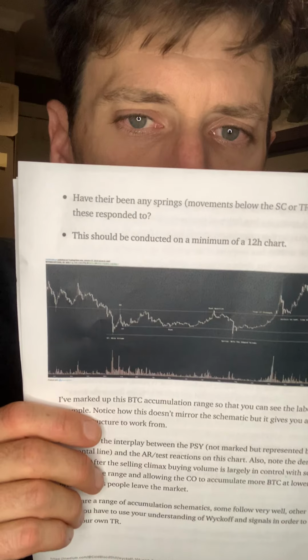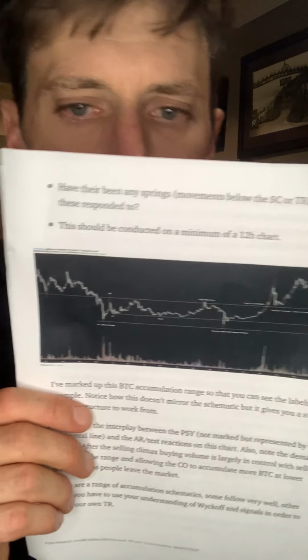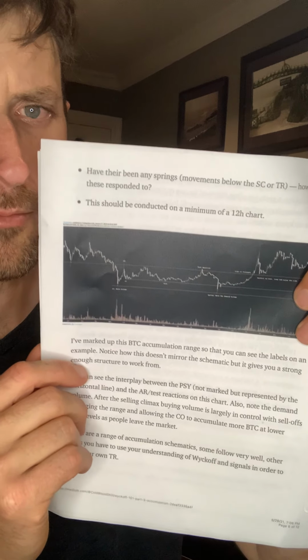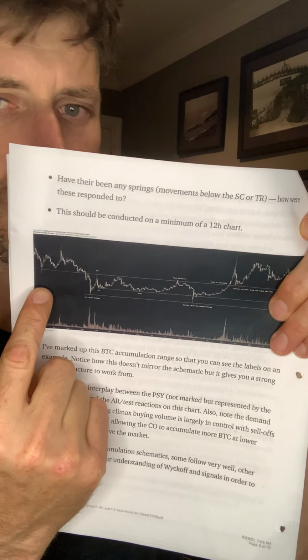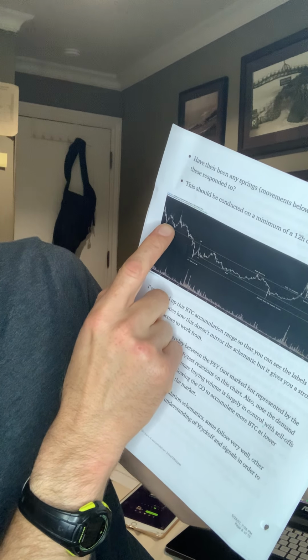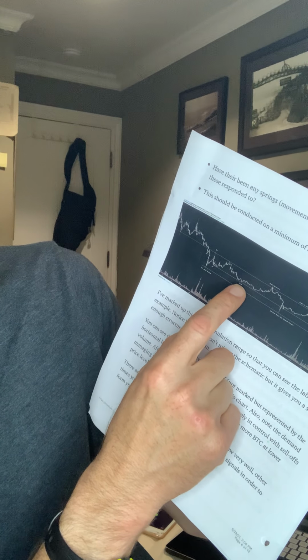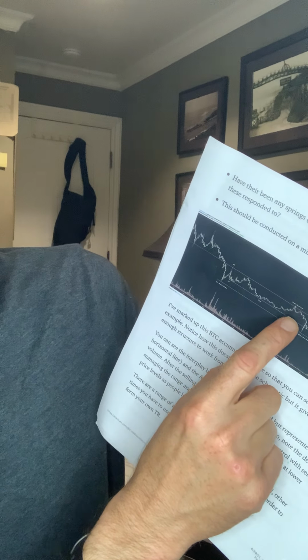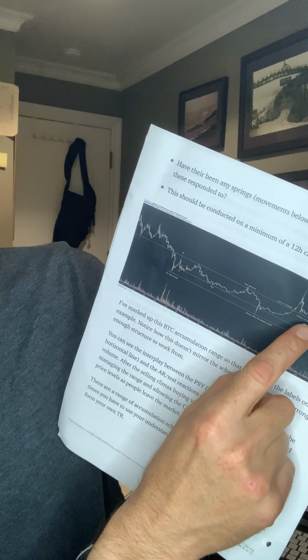Here's a picture, guys, of what it looks like. I know it's backwards. Maybe it's not. But this is the beginning of a stock. I don't know what it is, but it shows a lot of patterns that can happen.